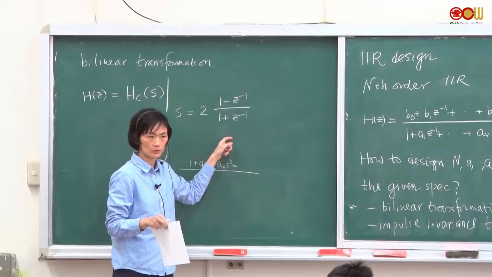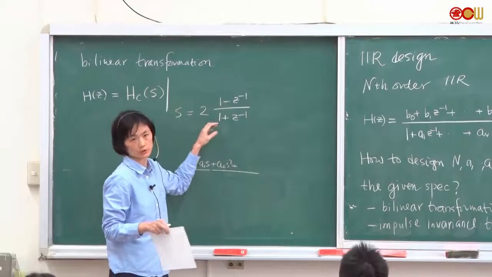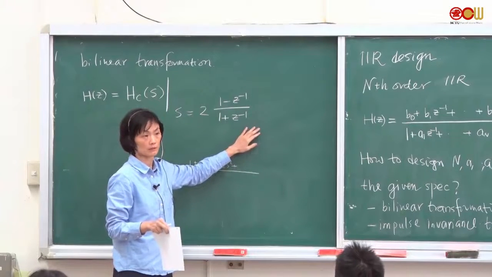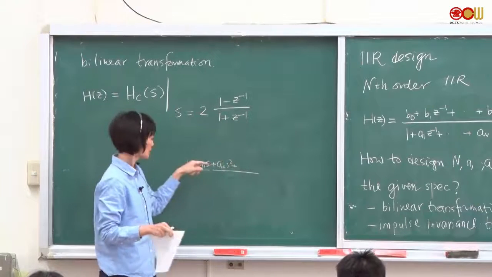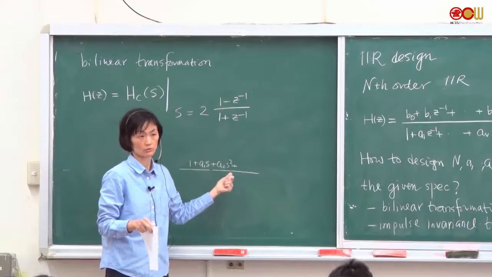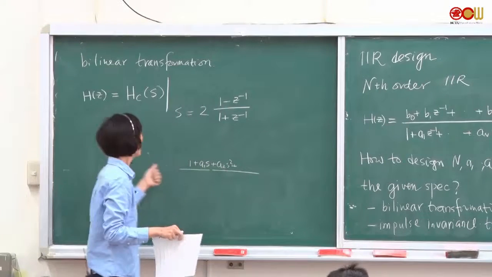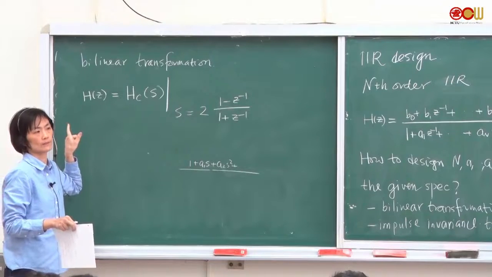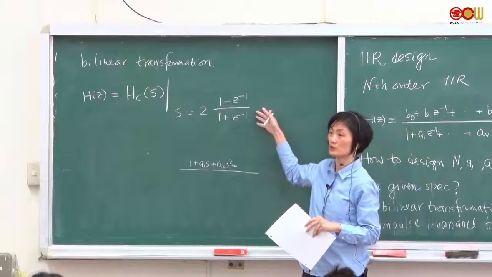After we do the substitution, it becomes a function of z inverse, and it's also rational, because if you substitute this in, we still get a rational transfer function. That will be our H(z). That's the bilinear transformation.